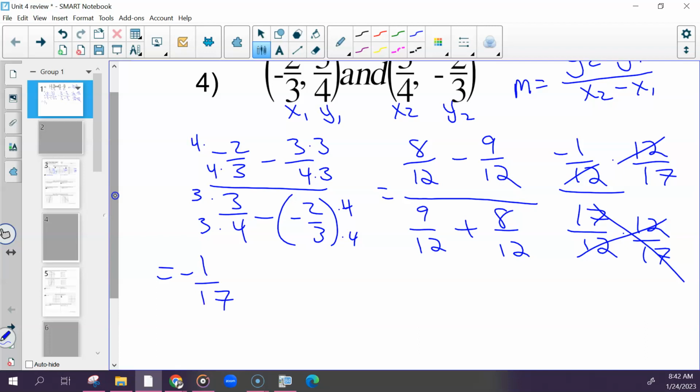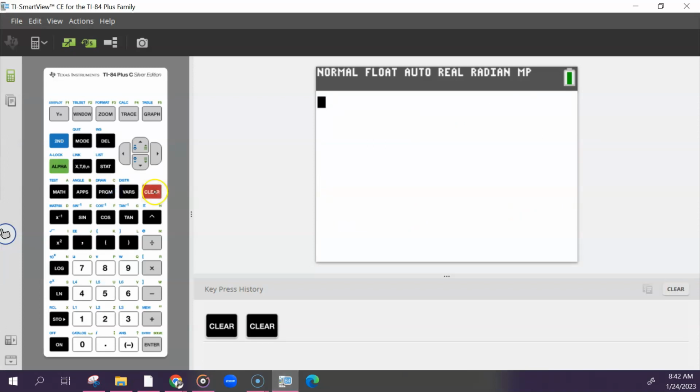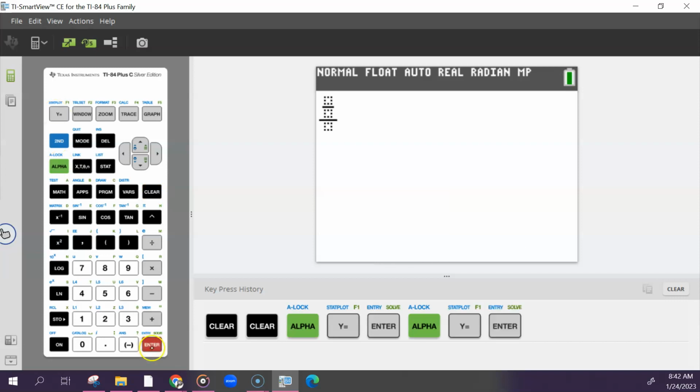If you're doing it by hand, I would go back and put it in the calculator just to double check, did I do this correctly? Which is what I'm going to do. So alpha y equals, and then I'm going to do it 2 more times.